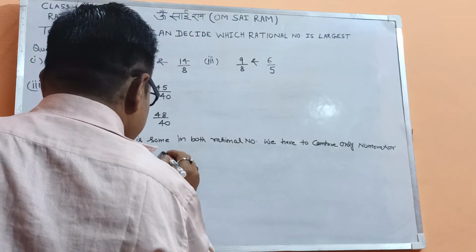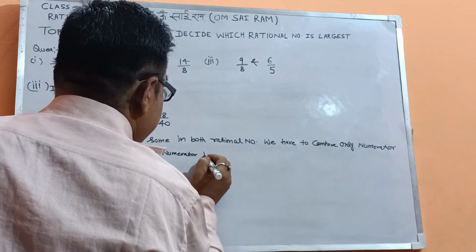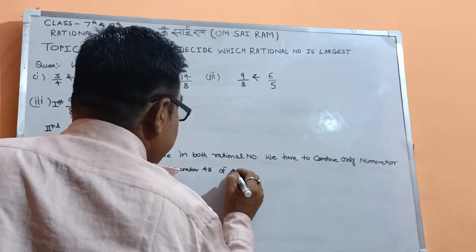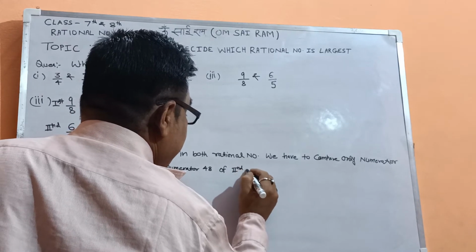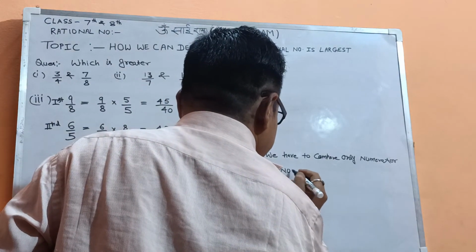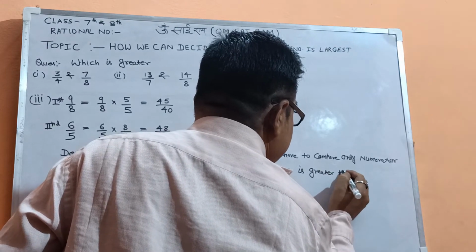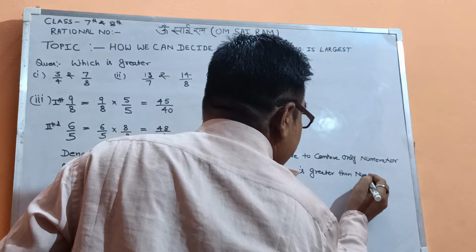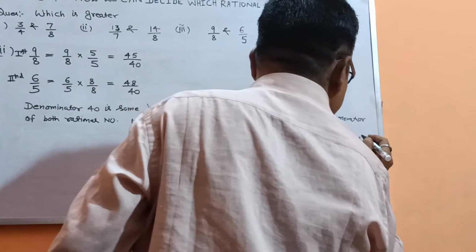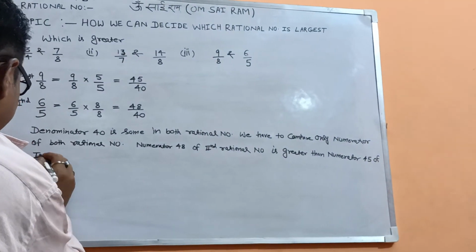Numerator 48 of the second rational number is greater than numerator 45 of the first rational number.